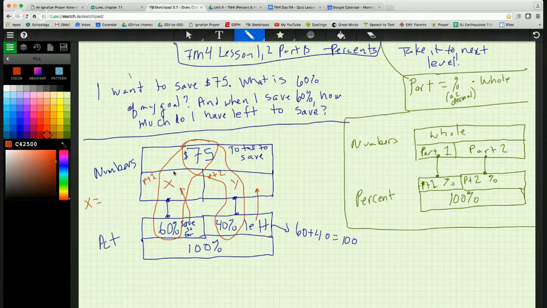So my part equals my percent as a decimal, 0.6. 60% is 0.6. Make sure you know how to do that. Times my whole. If I type 0.6 times 75 on my calculator, I get 45. So I'm going to write in $45.